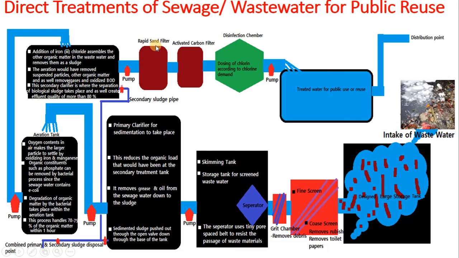and come into this rapid sand filter. The rapid sand filter will handle the oxidized iron and manganese. It will remove it here because it would have made the water turbid. Then this rapid sand filter will remove turbidity.